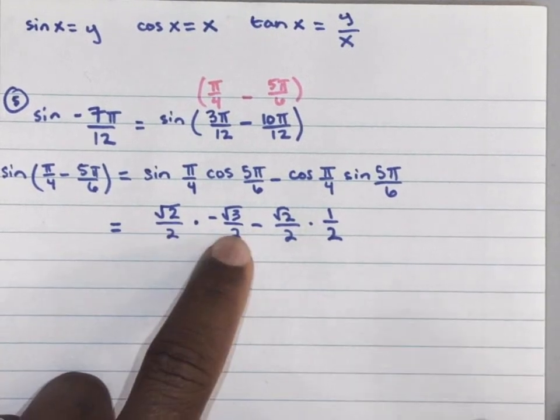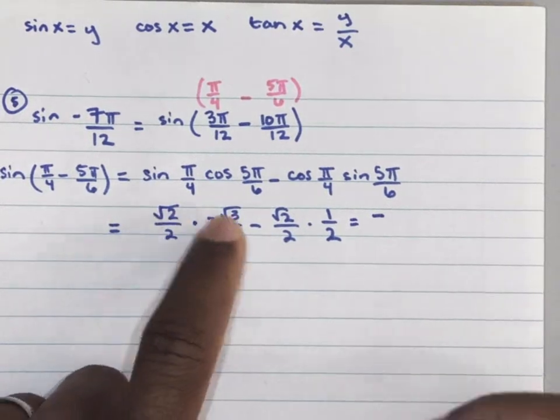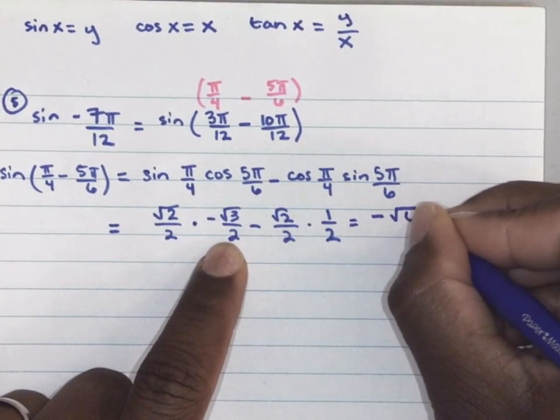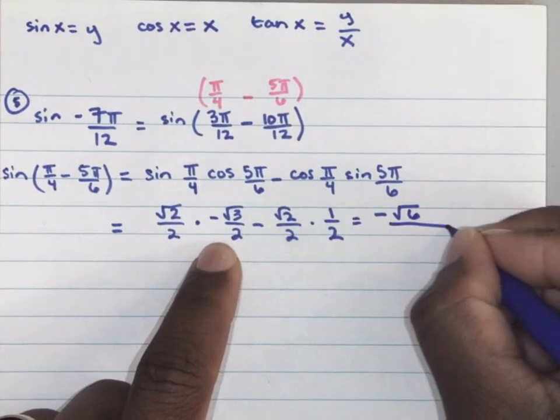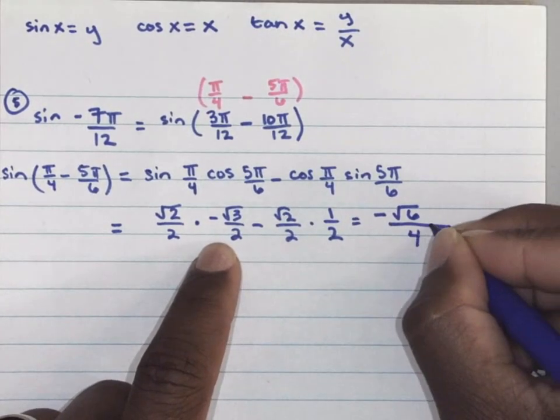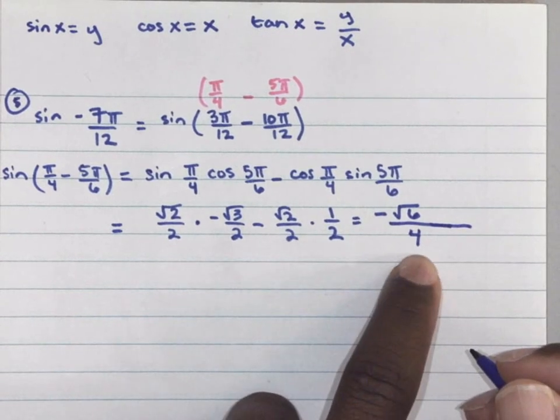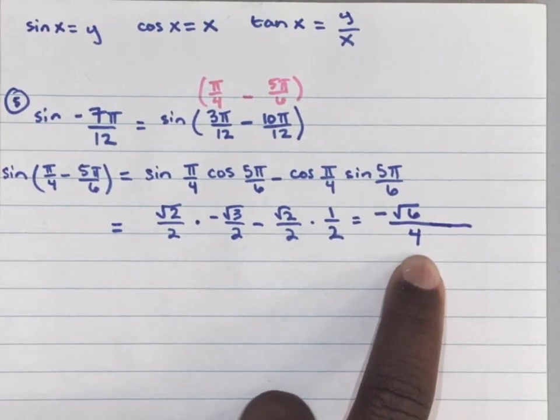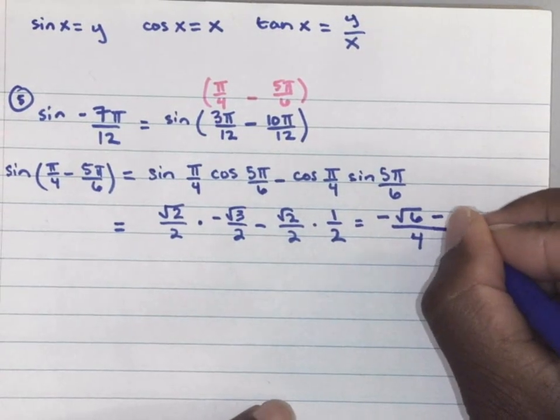I've got a positive times a negative, so that result will be negative. Root 2 times root 3 is root 6, and in the denominators, I've got 2 times 2, which is over 4. This denominator will also be 2 times 2 over 4. So I'm going to write them together. Root 2 times 1 is just minus the square root of 2.